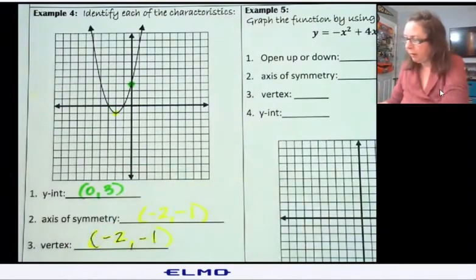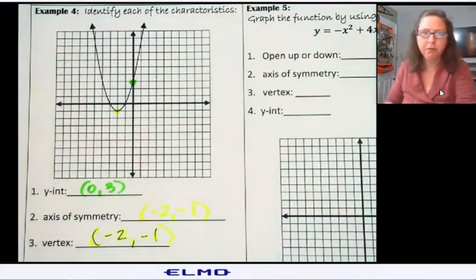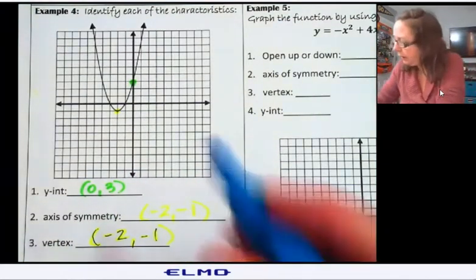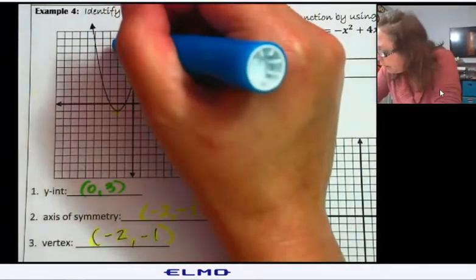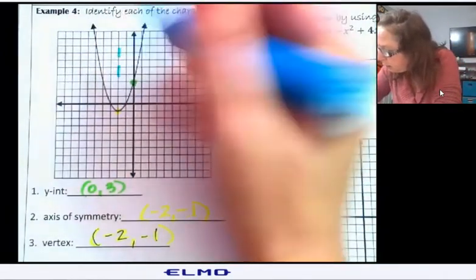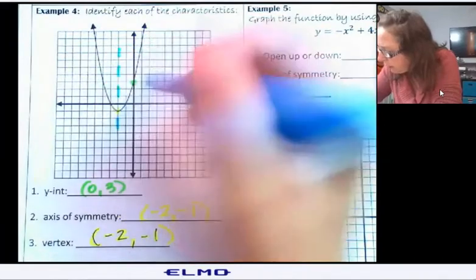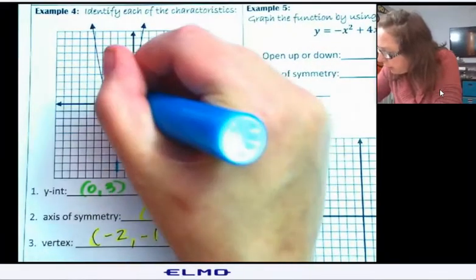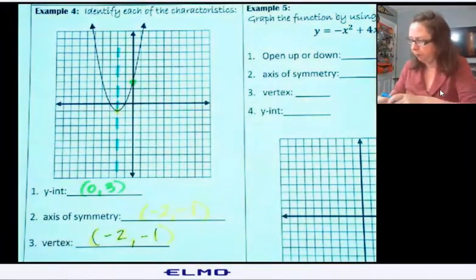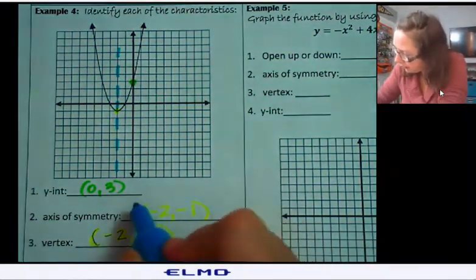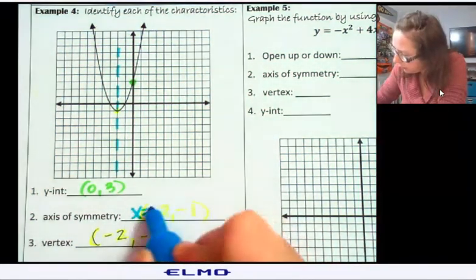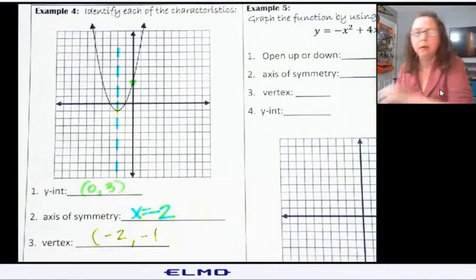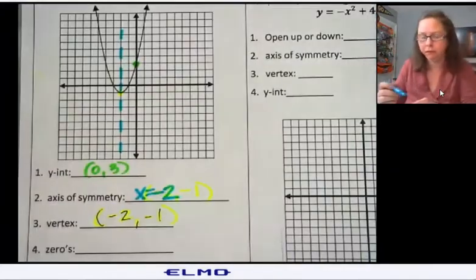All right, but the x value of the vertex is going to be the axis of symmetry. So I'm just going to draw this dotted line that goes right through the vertex. Okay, so x equals -2 is going to be my axis of symmetry.